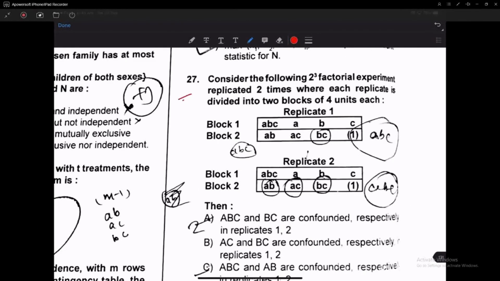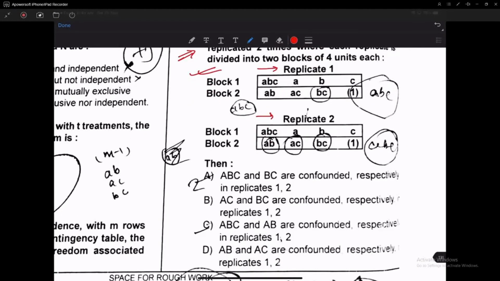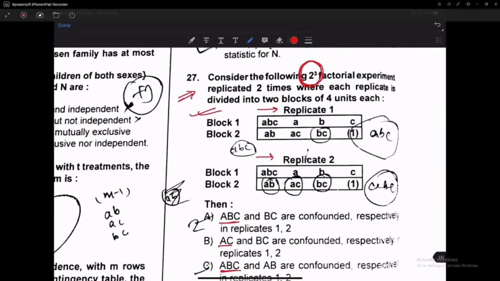In question number 27 we have a 2 cube factorial experiment and we have 2 replicates, replicate 1 and replicate 2. We just have to find which effect has been confounded in replicate 1, and in replicate 2 also. The options are ABC, AC and AB. Let's say we choose ABC.